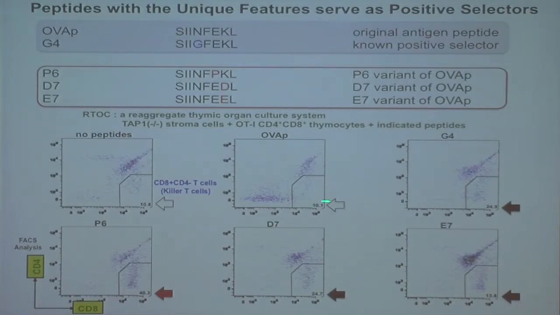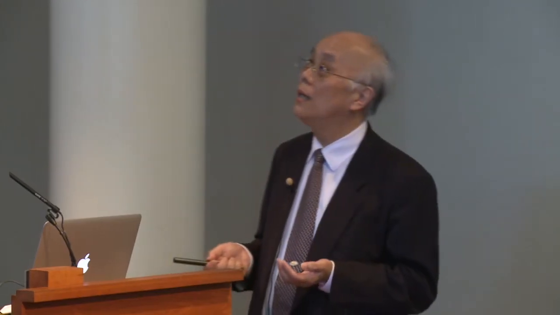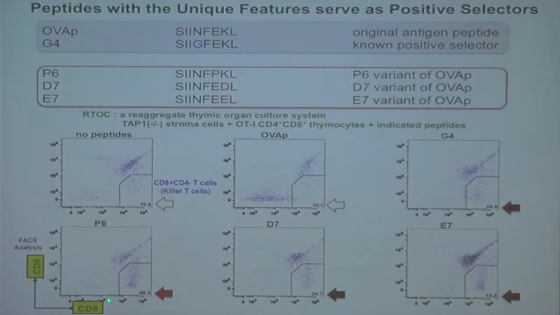As you can see, it increases CD8 T-cell amount twofold. But surprisingly, changing to proline here gives 40% development. This is a surprisingly large amount of stimulation at the organ culture level.